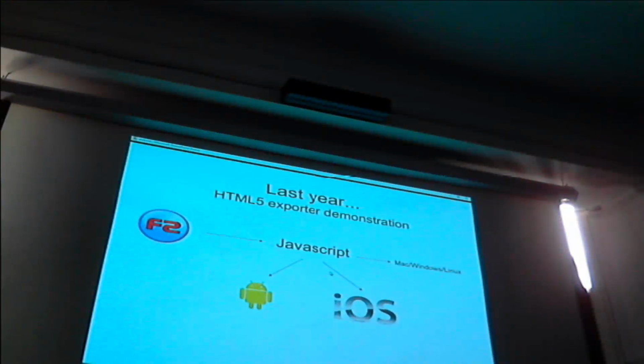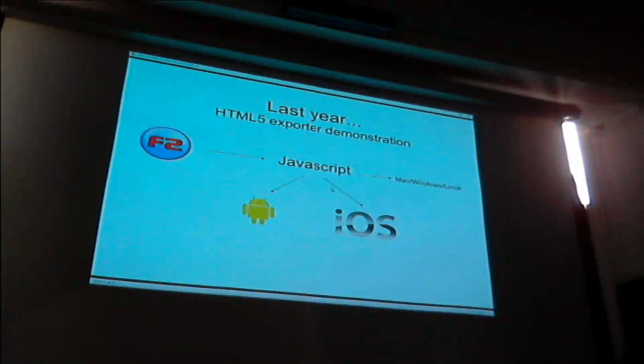Okay, so last year I demonstrated the HTML5 exporter. It was a proof of concept really. You won't see the HTML5 exporter in MMF2. Basically, it was developed as a nice way to build a browser game that would run on Android, the iPhone, the iPad, and even on Mac and Windows, and it sounds like a really good idea.